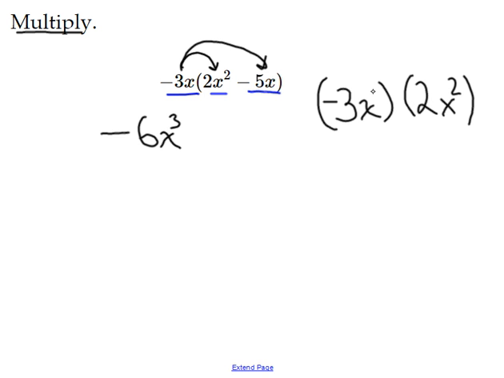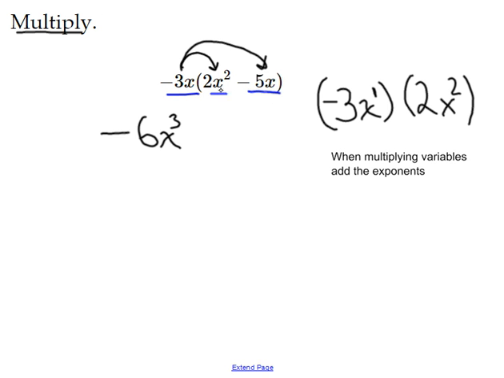So whenever you multiply variables, you have to add the exponents. See what I did there? I put an invisible 1 there because the x has an invisible exponent of 1 if it doesn't have an exponent there. So when you multiply the variables, you want to add the exponents. Okay, I wrote it for you right there. When multiplying variables, add the exponents.